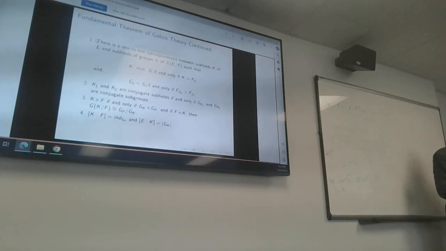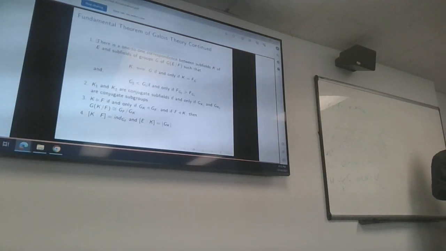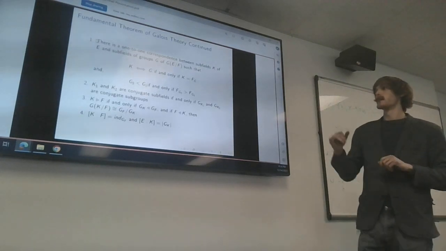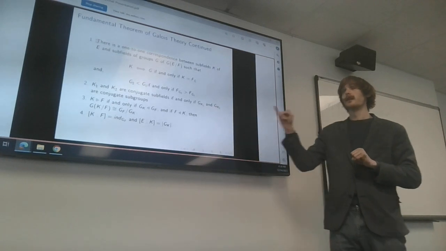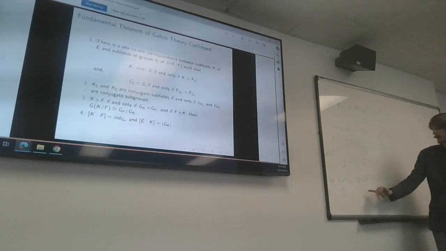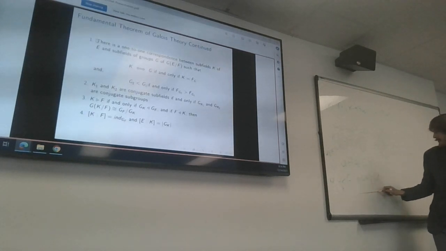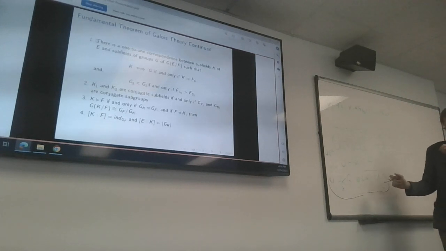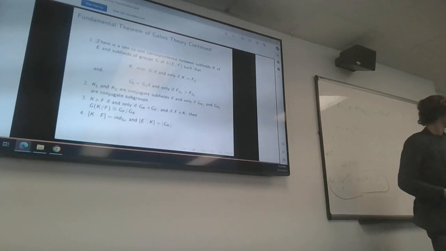And then K1 and K2 are conjugate subfields if and only if the group of automorphisms fixing K1 and the group of automorphisms fixing K2 are also conjugate subgroups. So you go back to this right here. You have these conjugate subgroups, and they correspond to these subfields in this particular way.